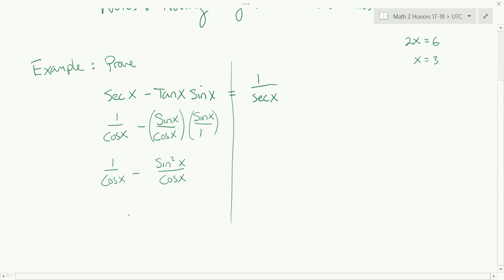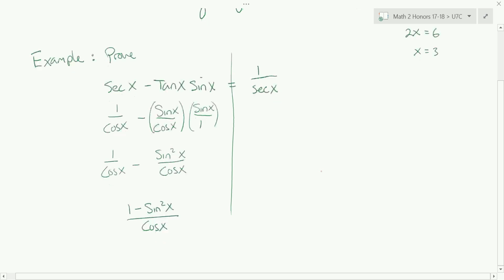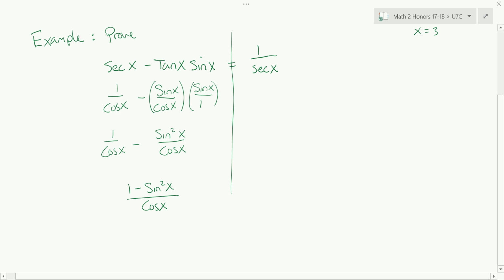So here we have the same denominator, so we could subtract 1 minus sine squared of x all over cosine of x. We could pause and say, okay, does that look like the right side? Not yet. We have one fraction on the left, one fraction on the right. Is there anything you see we can do?